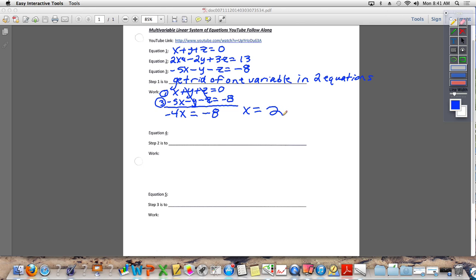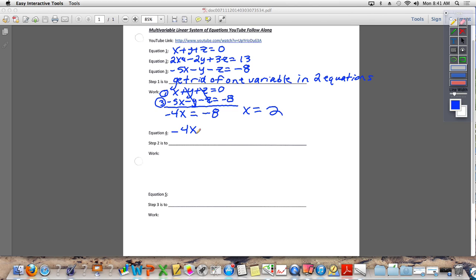Now what we need to do is figure out what another one of our variables is. And I was not expecting this to happen. So what I would like you guys to do, remember the goal of this, as Marcus said, was to get rid of our y's, right? So normally there would be z's left over. So what I would like you guys to do is write equation 4 like this instead.